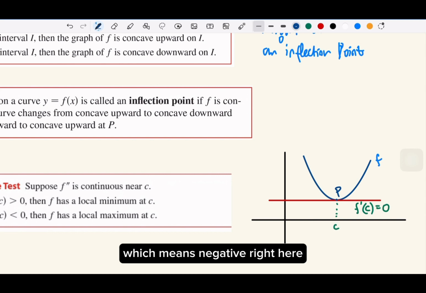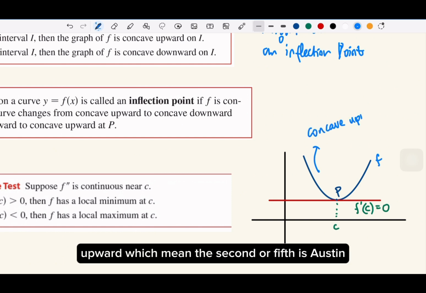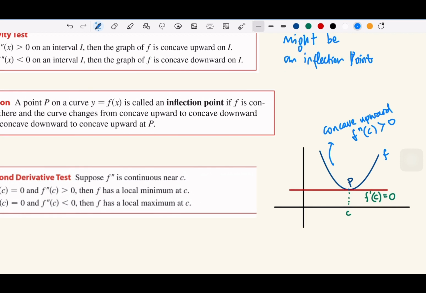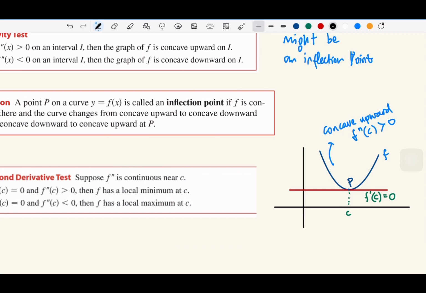So let me write here. This is concave upward, which means the second derivative is positive. And the same way with the concave downward. And this is for concave upward.